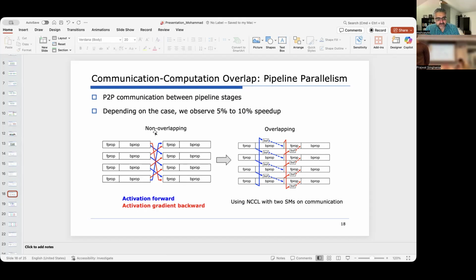This is non-overlapping, or blocking. Versus here, as soon as we do the forward prop, we issue the communication to the other GPU while we're doing the computation of the back prop. Then this forward prop gets moved and fetched by the other side. So basically, communication and computation overlap.